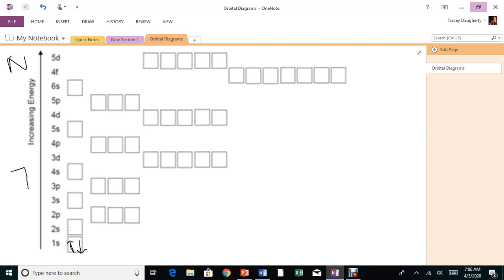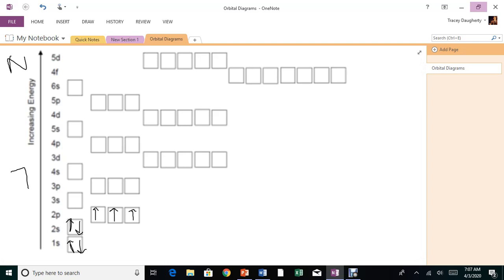So that's 2 electrons, 3 electrons, 4 electrons. And then 5, 6, and 7, we have 5 as an up arrow. We have to follow Hund's rule this time. So 5 is an up arrow in the first box, 6 is an up arrow in the second box, and then 7 is an up arrow in the last box.